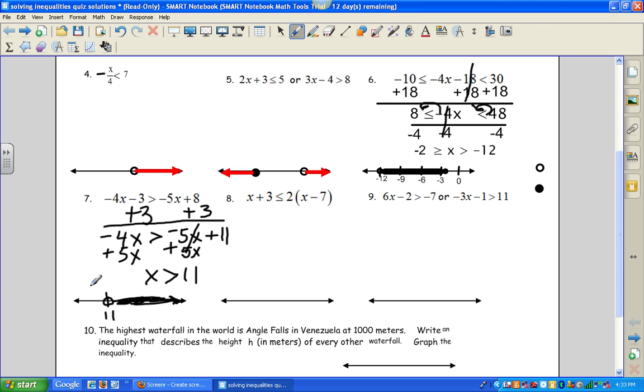Okay, now for time's sake, I didn't put the other tick marks, but remember to put 5 on your graph.